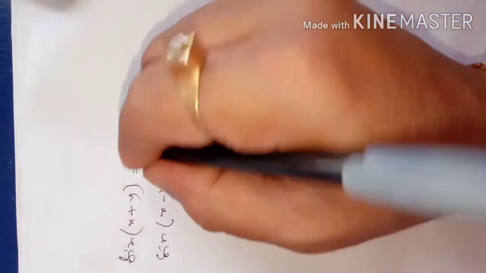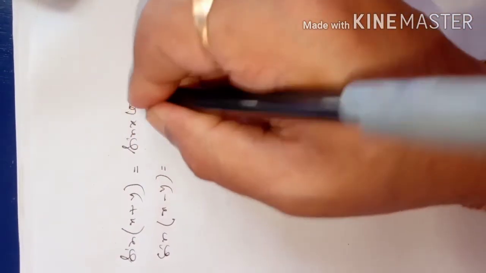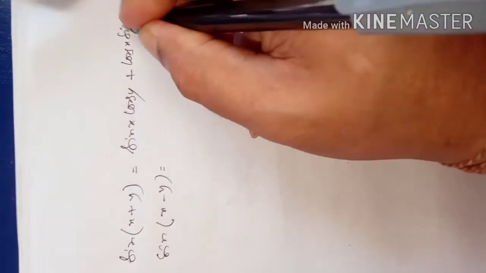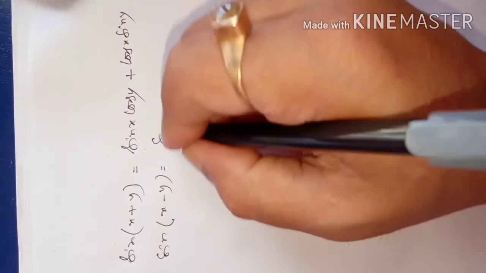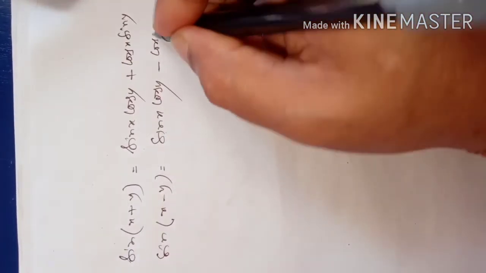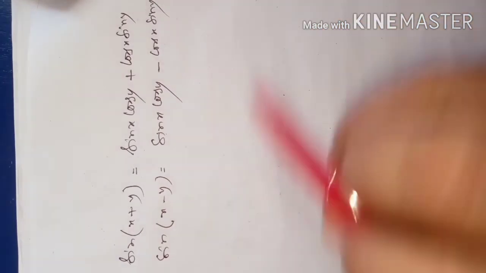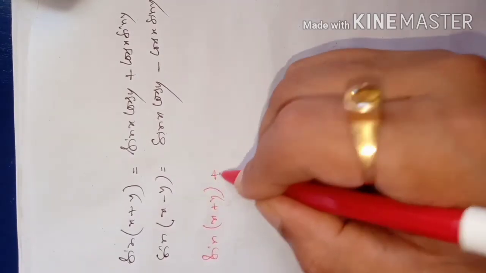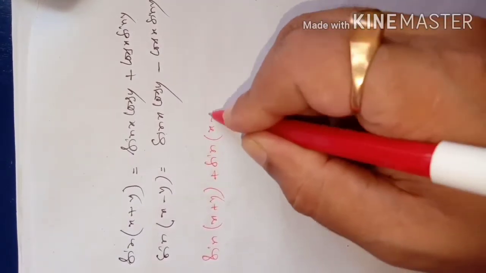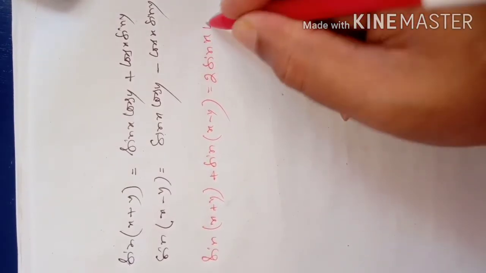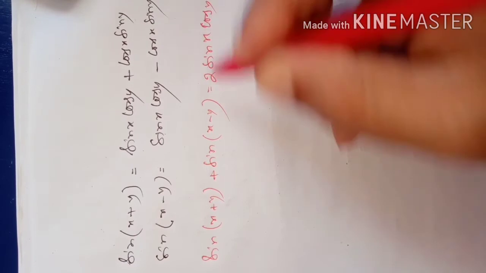That will be sin x cos y plus cos x sin y, and this will be sin x cos y minus cos x sin y. If we add them, we get a new identity: sin(x plus y) plus sin(x minus y) equals 2 times sin x cos y. Okay, this is one derivation.